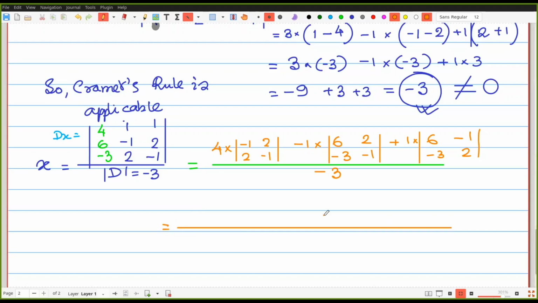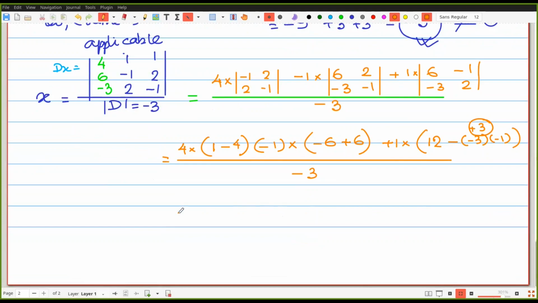So what is the value of the numerator? 4 into minus 1 into minus 1, that means 1 minus 2 into 2, 4, minus 1 into that one minus 6, 6 into minus 1 minus of minus 6, that means plus 6, plus 1 into 6 into 2, 12 minus of minus 3 minus 1, that means that one is plus 3. So 12 minus 3 practically.